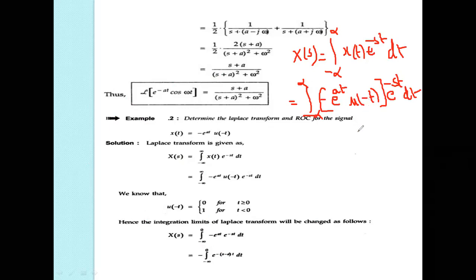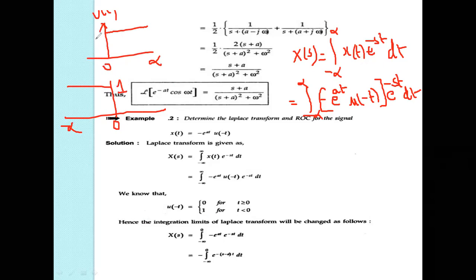So mu of minus t is a folded function of the step function. The step function varies from 0 to infinity, mu of t, and mu of minus t is a folded function, so it varies from minus infinity to 0. The magnitude is the same for both mu of t and mu of minus t, but it is folded at 0.